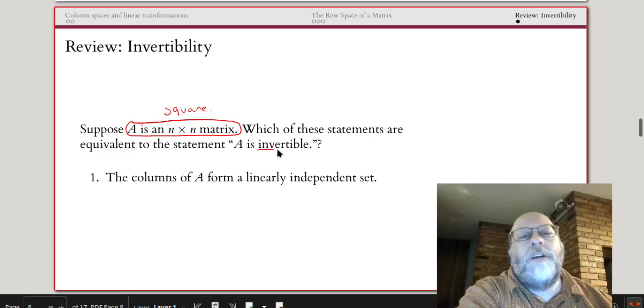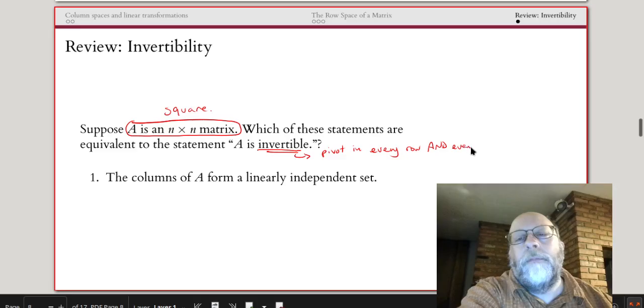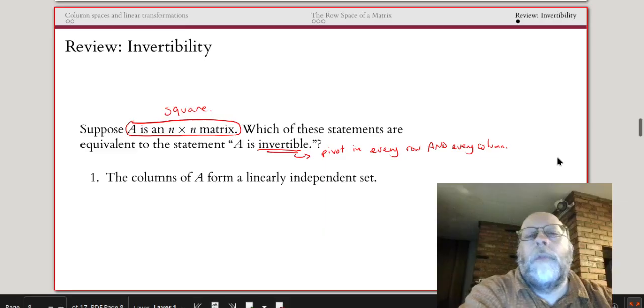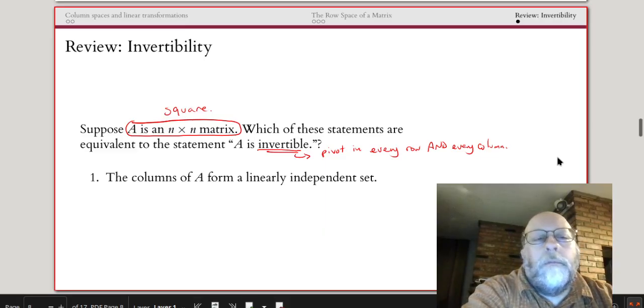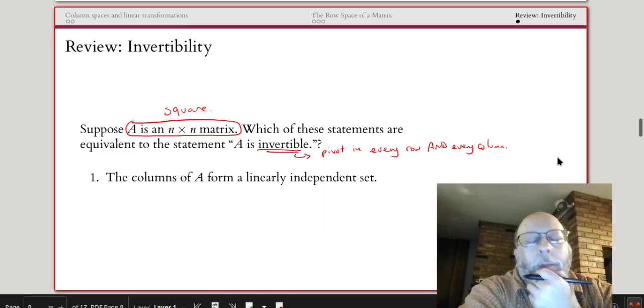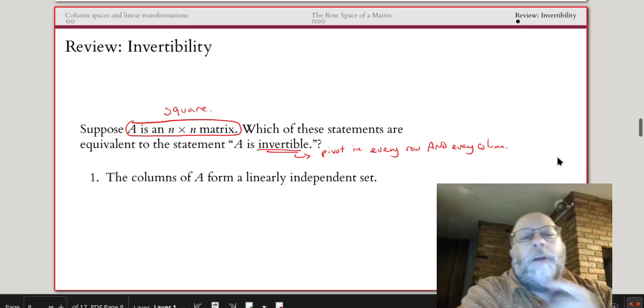By definition, invertible means that we have a pivot in every row and every column. So which of these are equivalent? Number one says that we have a linearly independent set.